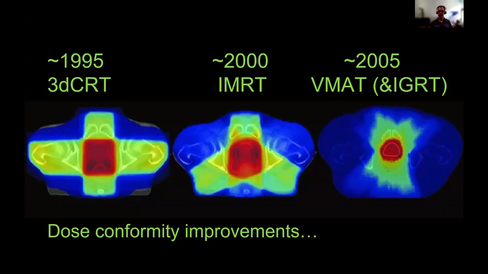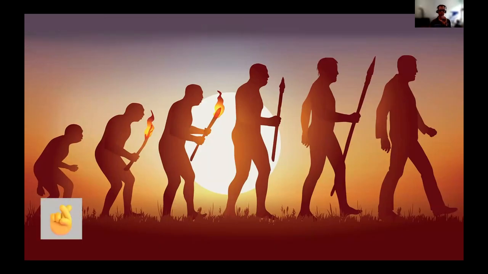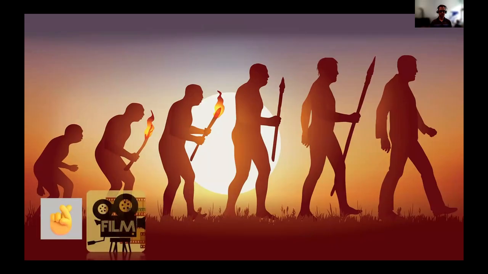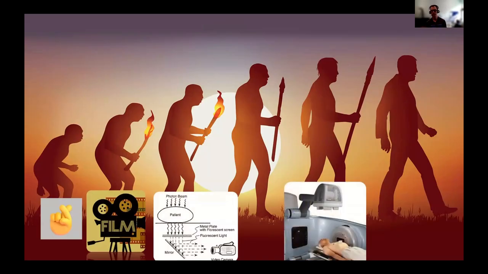Alongside that, this increasing conformity has necessitated an evolution of image-guided radiotherapy. We were originally just hoping the patient was in the right place. Then we had film come in. Some of you may remember that. And then more digital solutions for MV imaging. And then a big step change came when cone beam imaging was introduced.